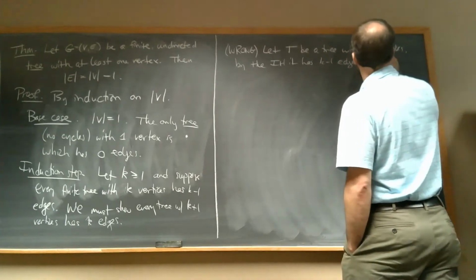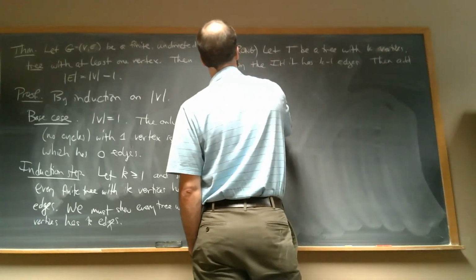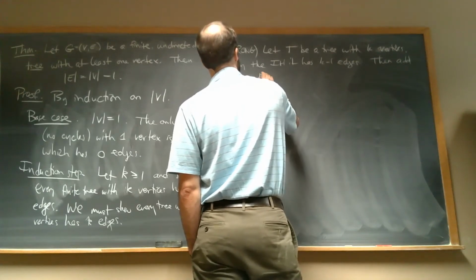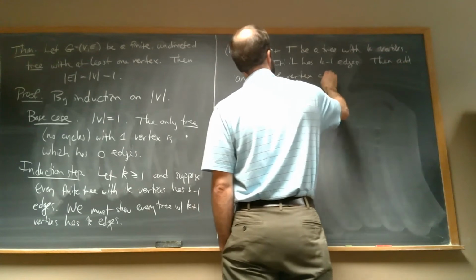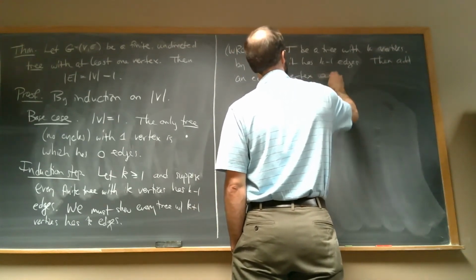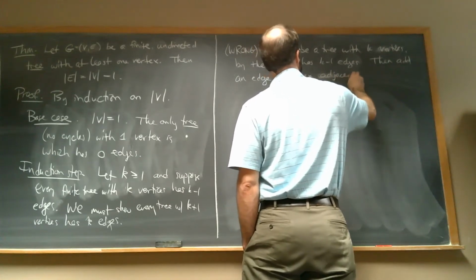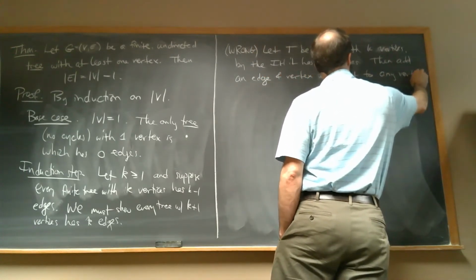And then we're going to add an edge and a vertex adjacent to any vertex of T.